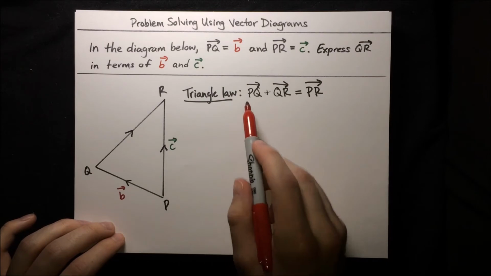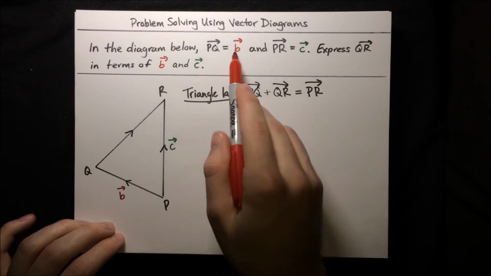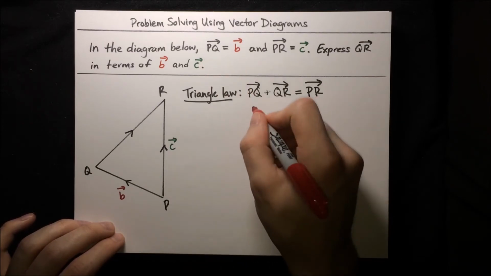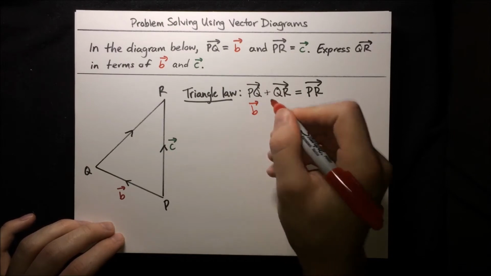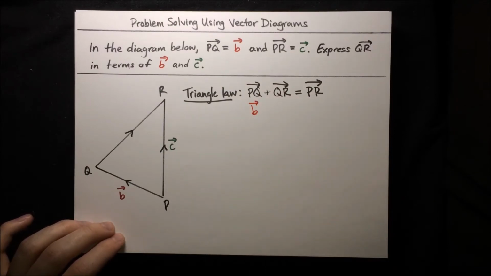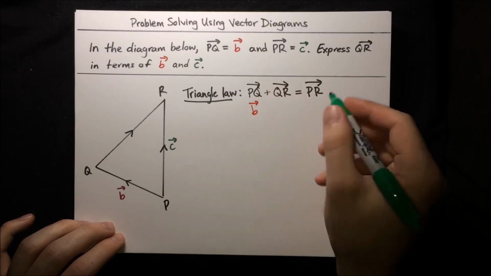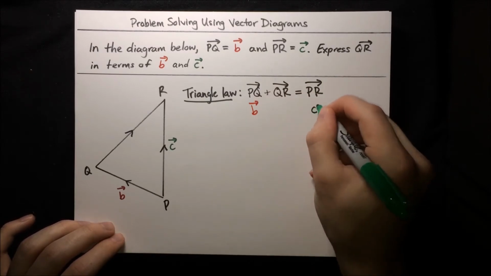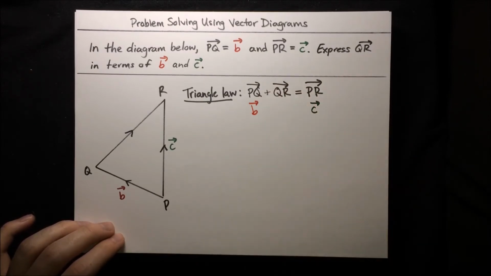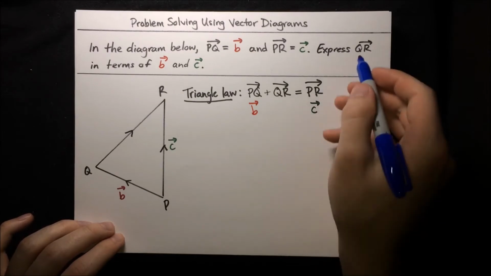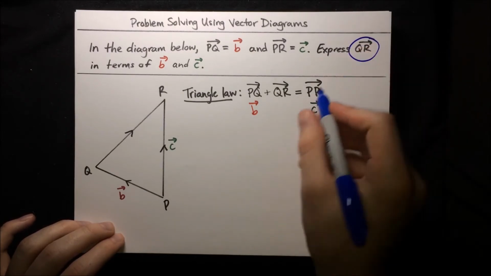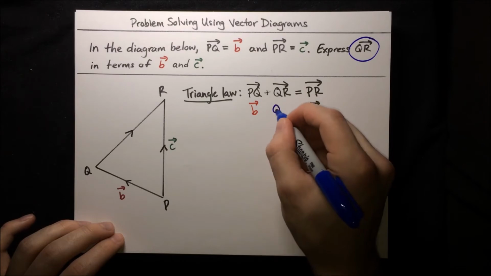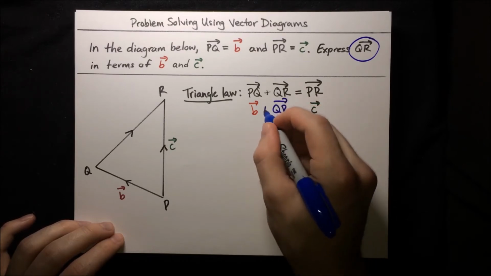And now we can fill in with what we're given. We're given that PQ is B, so PQ becomes vector B. And then we're also given that PR is vector C. So we'll fill in C for vector PR. And then we want to find QR. That's the thing that we're looking for, and that's right here, QR. Put in our operations.